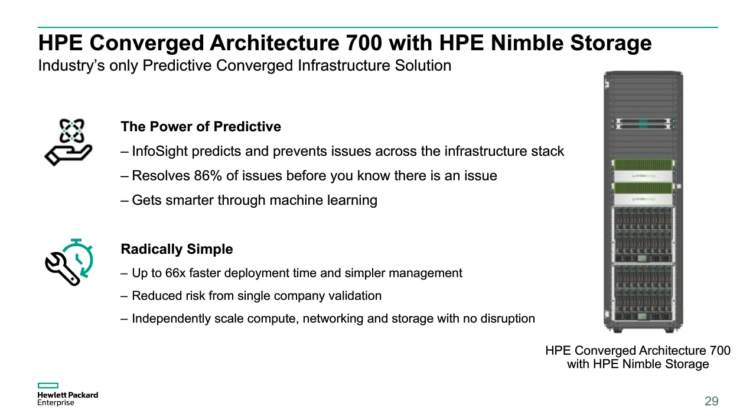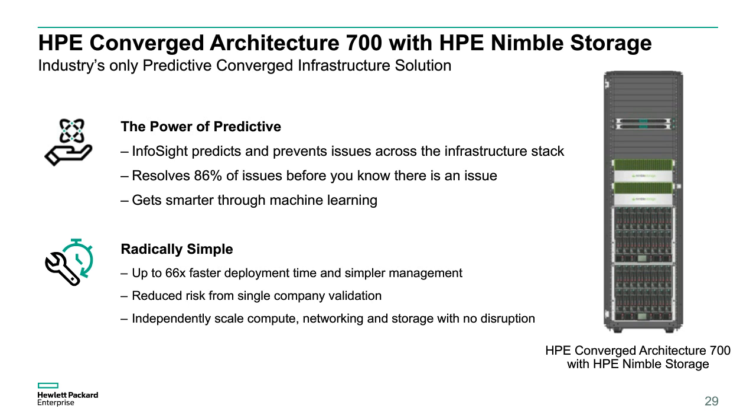And we now have offerings with HPE plus Nimble in this area, and it's called the HPE Converged Architecture 700. So again, these are converged solutions that contain HPE compute and networking resources along with Nimble Storage as the storage layer. The two things that Nimble brings to the table in this environment are, one, the power of predictive analytics.